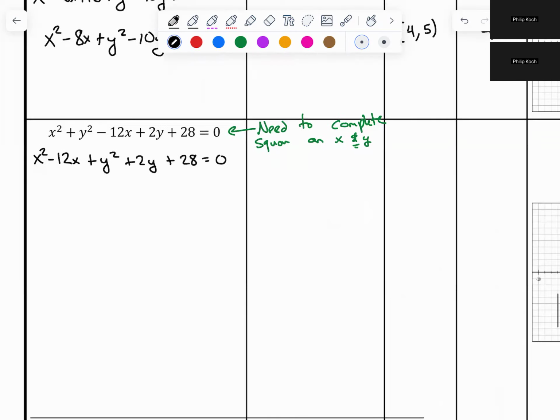So it's going to become x squared minus 12x plus 36 minus 36 plus y squared plus 2y. Half the b term for y would be 1. Squaring it would be 1 again. So plus 1 minus 1.